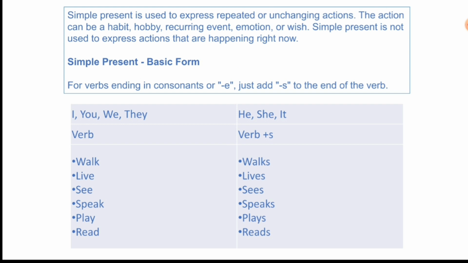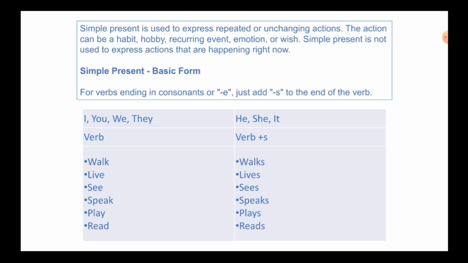Simple present basic form: for verbs ending in consonants or E, just add S to the end of the verb. When the subjects are I, you, we, they or plural, the verb forms are walk, live, see, speak, play, read.